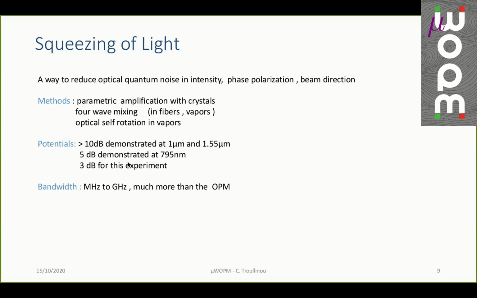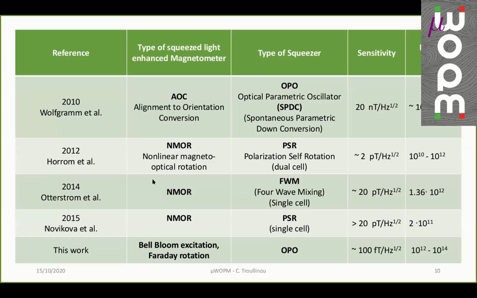The potentials that those methods have can reach up to 10 dB of squeezing demonstrated at wavelengths of 1 micrometer and 1.55, 5 dB at 795 nanometers, which is more interesting for optical transitions and magnetometers, and then 3 dB is for our experiment, the mentioned squeezing. The bandwidth of those squeezers can be from megahertz to gigahertz values, which is much more than the OPMs.